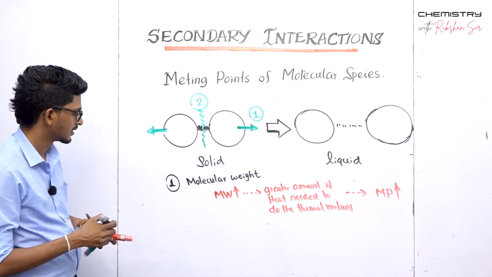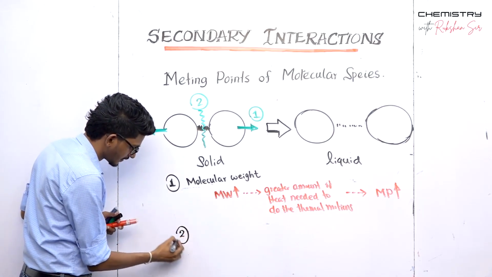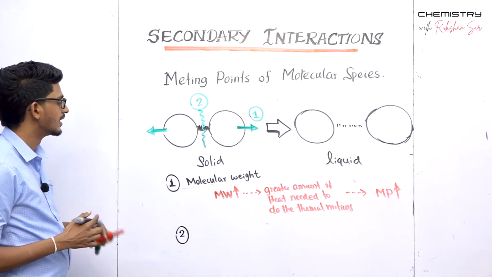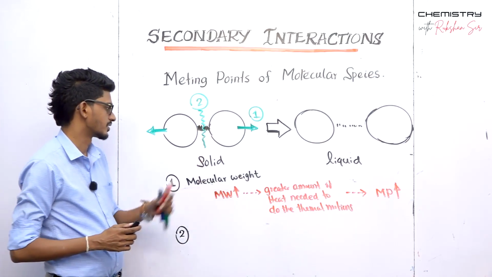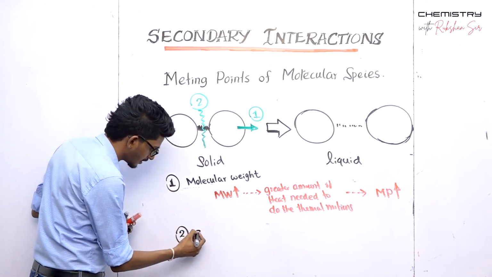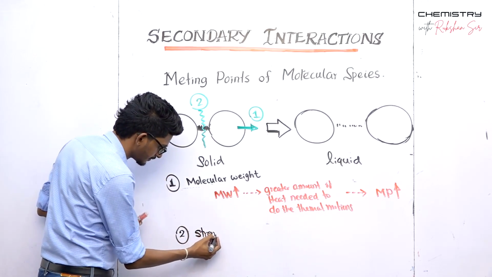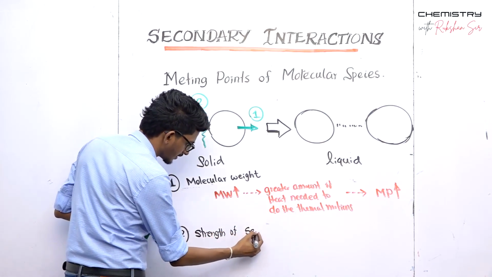The second factor that matters with melting points is the strength of bonds, the strength of secondary interactions.